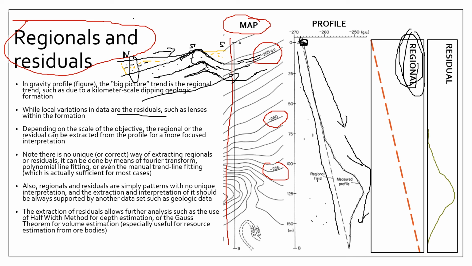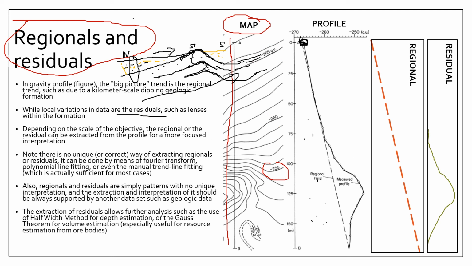So what you would be interested in is the regional trend. That's what you need to extract. But if you are just interested in this fold, let's say for example this fold might contain some intrusions or something else, then you're only interested in this hump, and your interest is just the residual component of the anomaly.